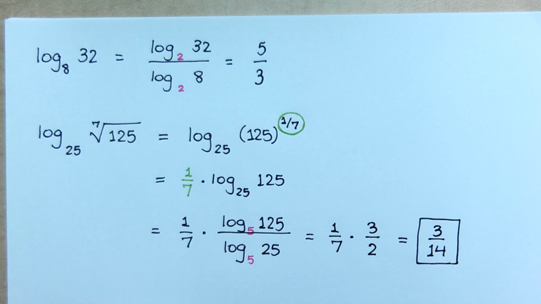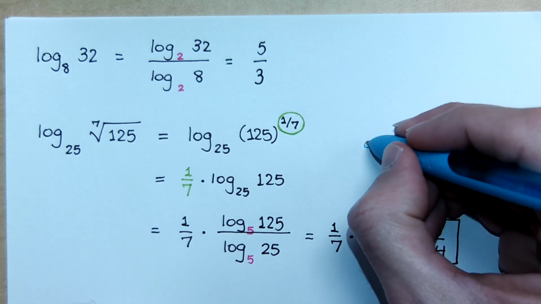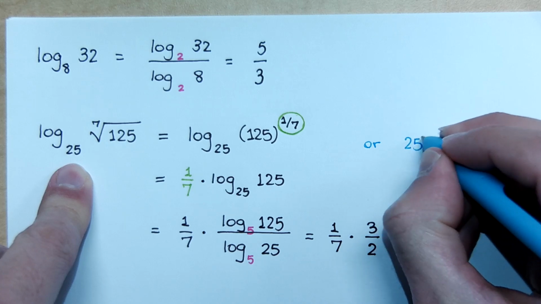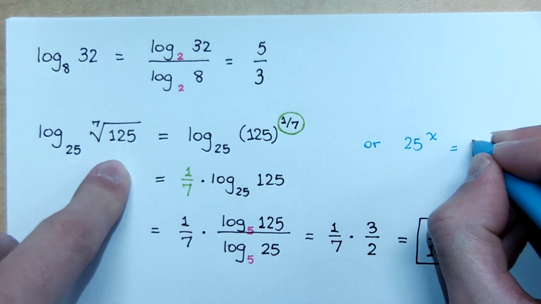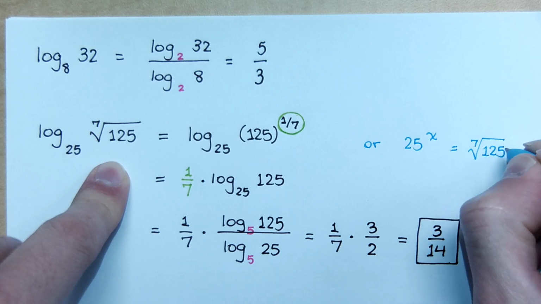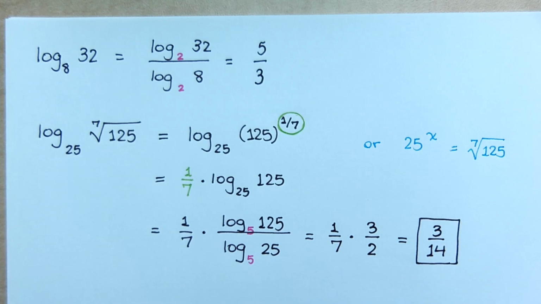And just so that you are aware, you also could take this expression and say 25 raised to some power is equal to the 7th root of 125. You could have taken that as an exponential equation off to the side, gotten common bases, and worked it out.